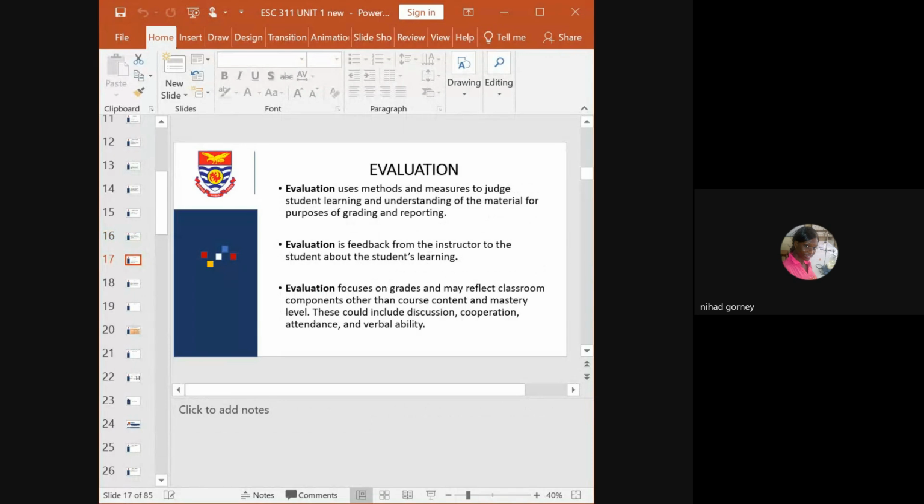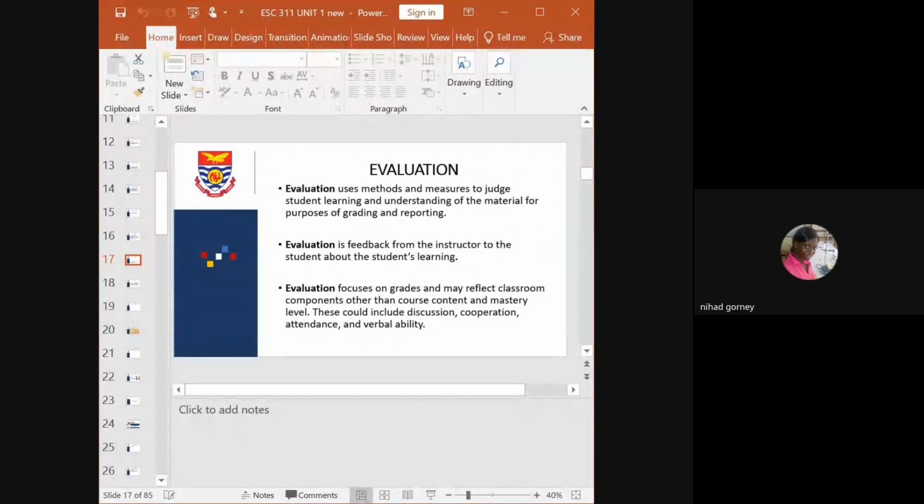Evaluation uses methods or tools to judge student learning and understanding of the material, mostly for grading students and also to report to our officers. Evaluation is feedback from the instructor to the students about how they are doing. Students take tests, teachers score them.